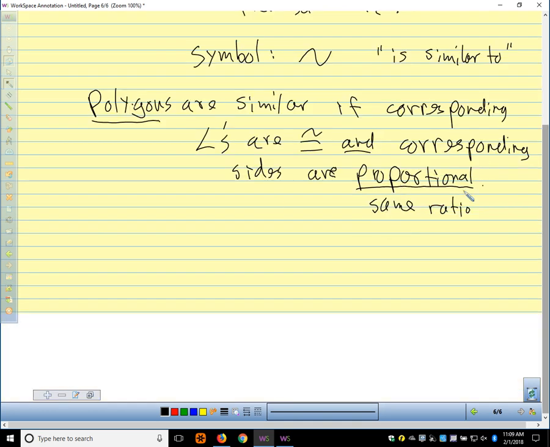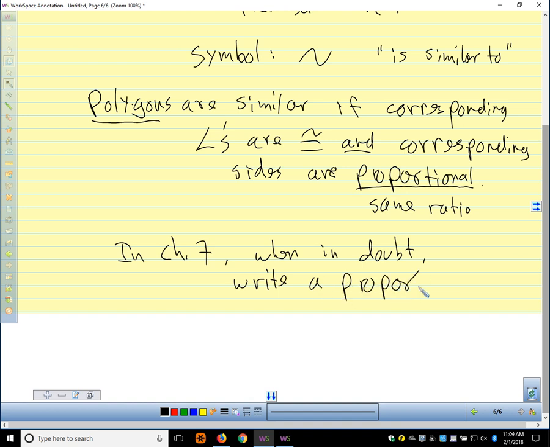Now this proportional piece, that's going to be our key way to solve problems in Chapter 7. In Chapter 7, when in doubt, write a proportion. Pretty much everything we do in Chapter 7 is going to have to do with solving proportions, because we're comparing sides using ratios.